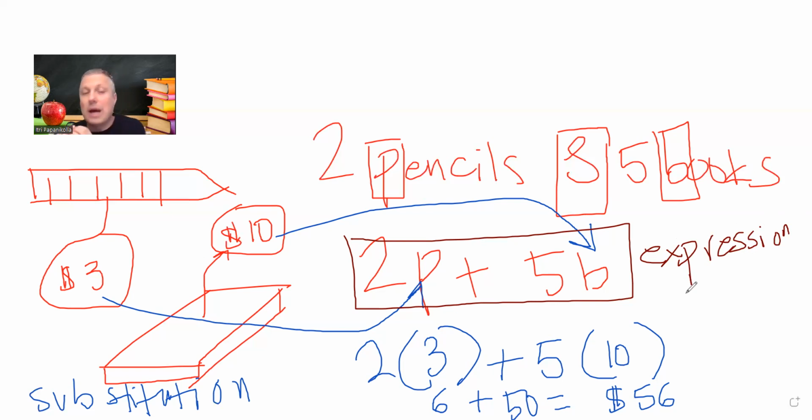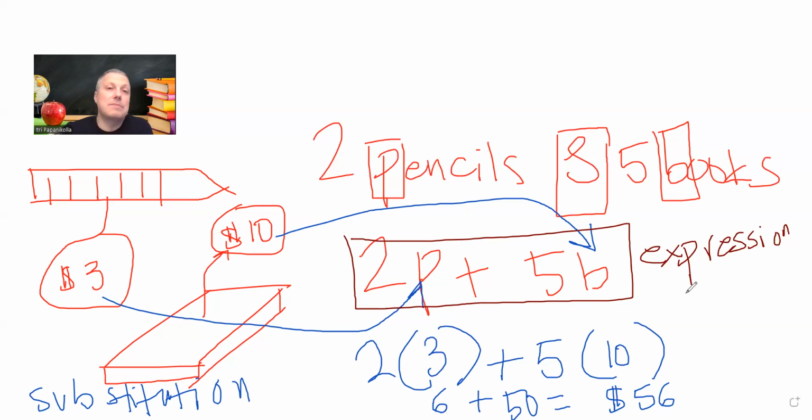You always want to write down what you are interpreting from the problem. You're translating it. Once you translate it, the next goal is to replace those variables, those unknowns, with what they represent. What are they supposed to be as a value?